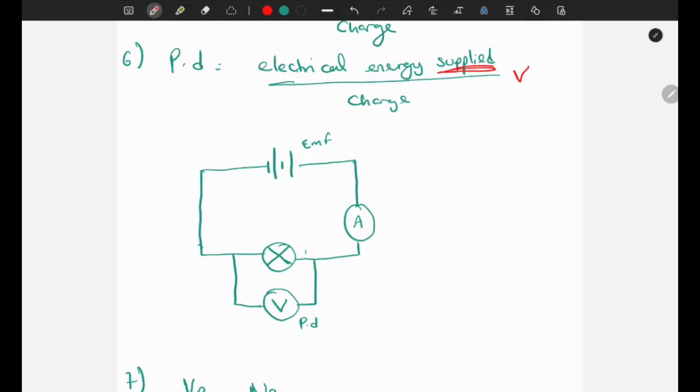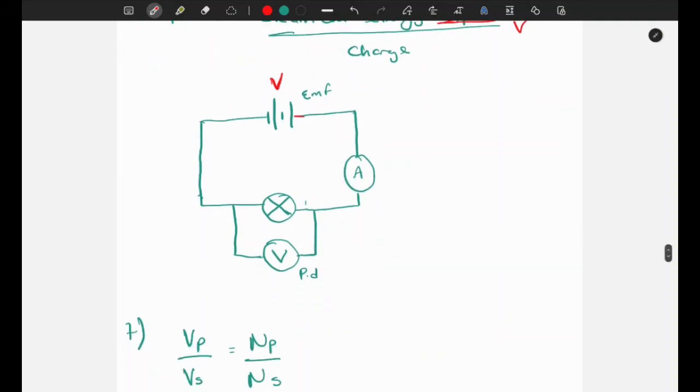So let's say we have this circuit, and there we have a battery generating electrical energy. The EMF is the voltage of the battery, in simple words, and potential difference is the voltage supplied to a component. So let's say you have a lamp here.